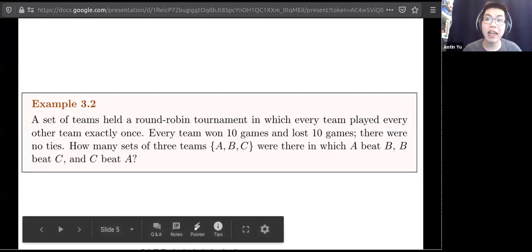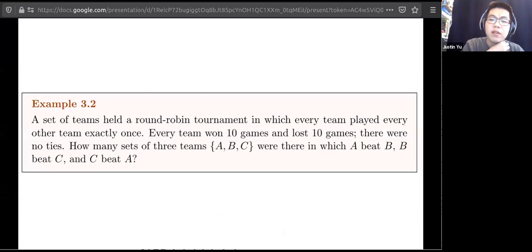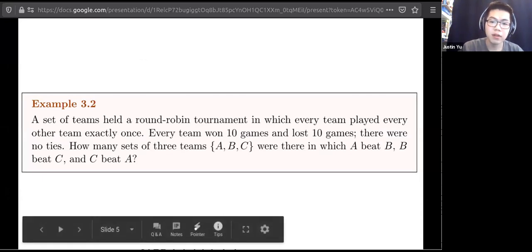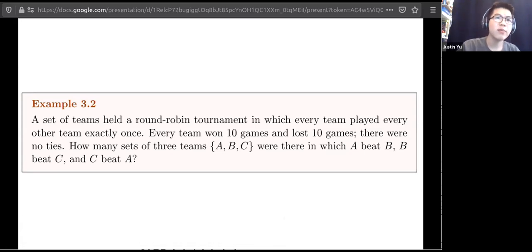All right, this is an old AMC question. Stare at it for a minute and think about what the complementary case is.